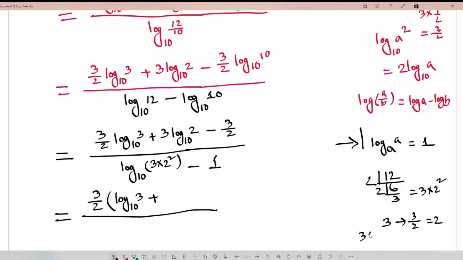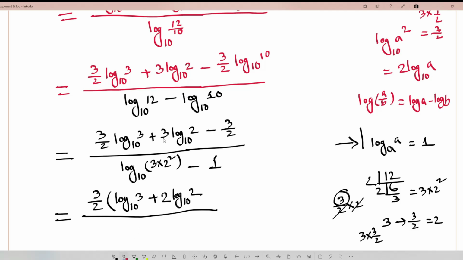Why? Because 3 times 3 by 2 is 3 by 2 and here is 3, so here we can keep only 2. Because 3 divided by 2 times 2, 2 and 2 go out, 3 will remain. So in this case here we will write 2 log base 10 2.